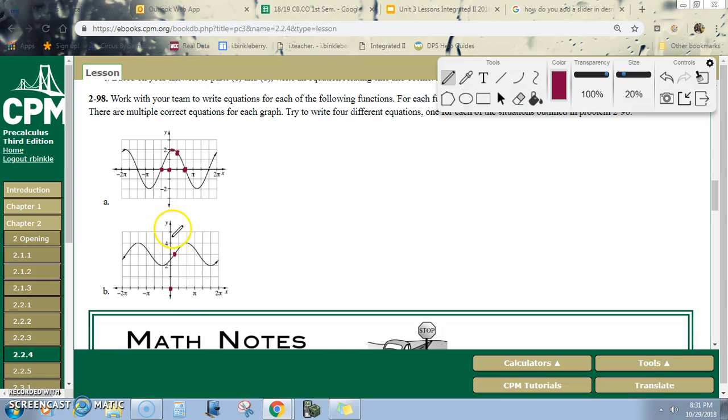So we've shifted something up 3. And then I bet if we took our cosine, and it's pi over 6, and our cosine starts at the top, so if we make it negative, it would start at the bottom.